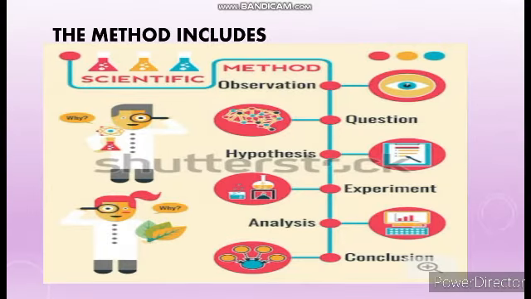Now, this is the basic scientific method. It starts from observation. You have to make observation. Okay, this is just the basic methods. Let me just list it first before I jump right in.